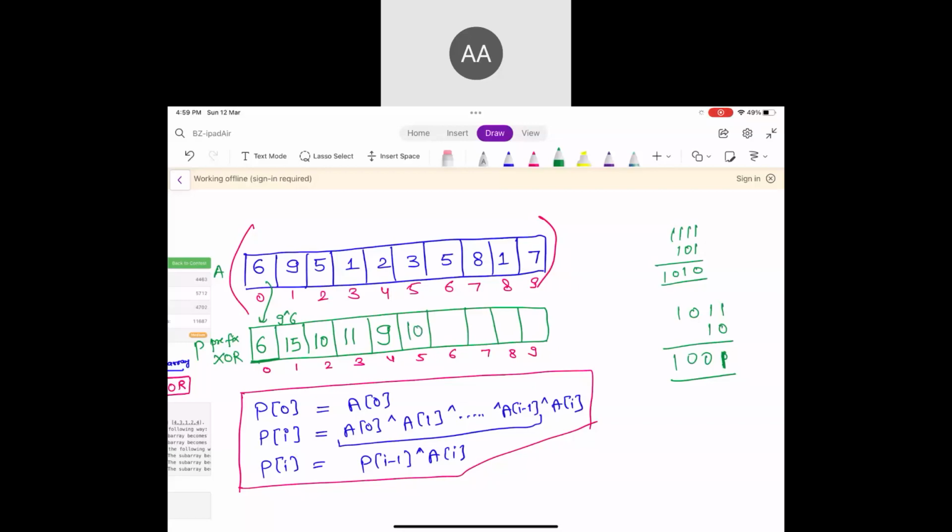Okay, what is the sixth value? 15. What is the seventh value? 7. Eighth value? 6. Ninth value?